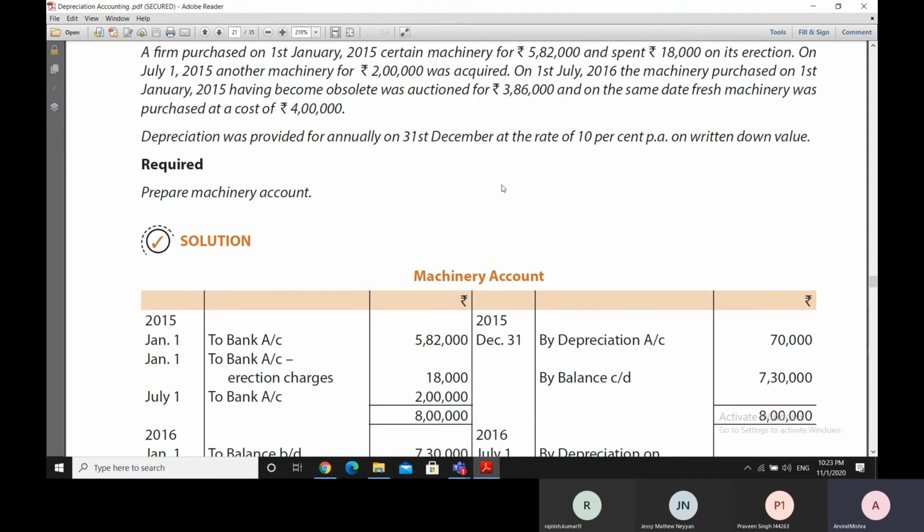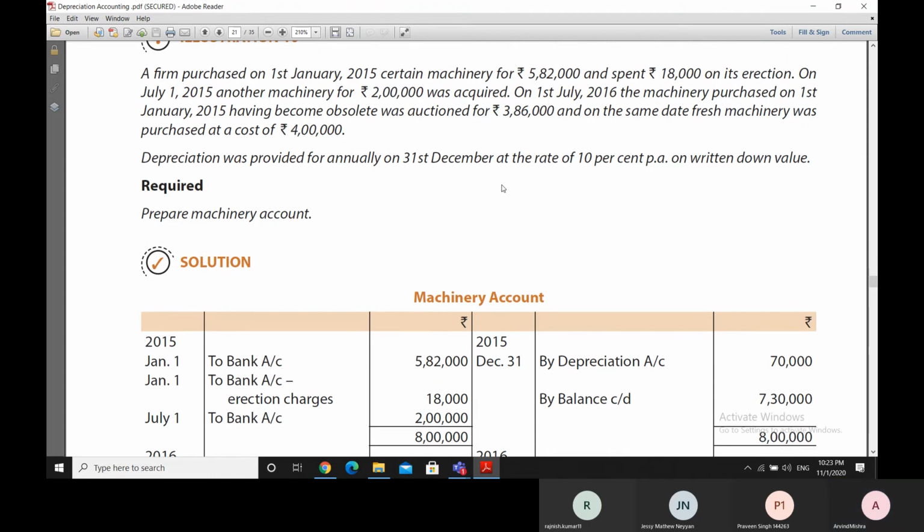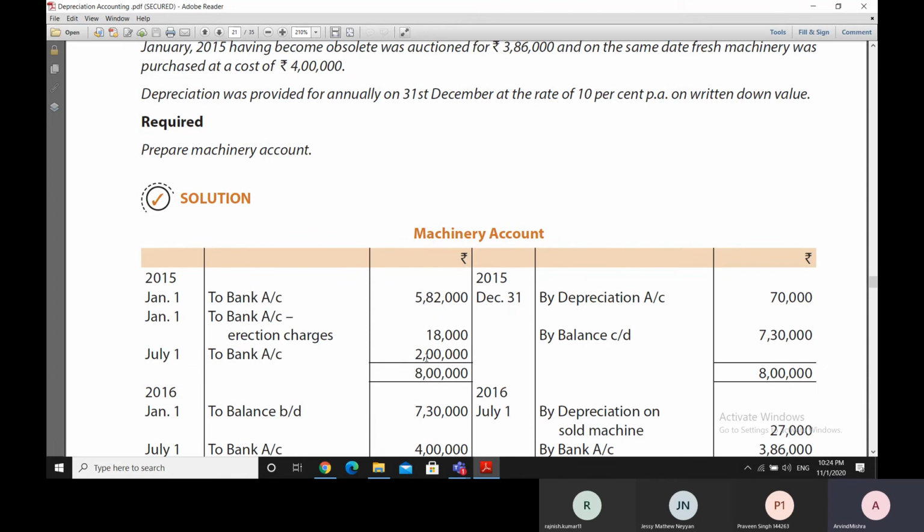on July 1, an amount of 2 lakh, another new machinery was acquired. So here, this new machinery of 2 lakh is acquired on July 1, so only 6 months depreciation will be allowed here. One year depreciation is 20,000, so 10,000 will be depreciation on this new machinery which was purchased on July 1.